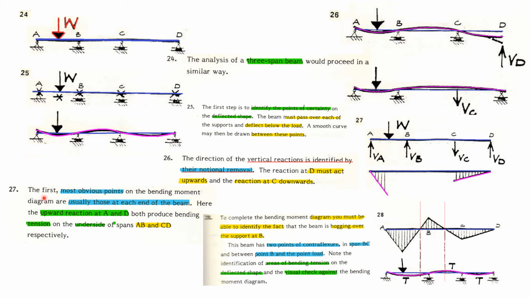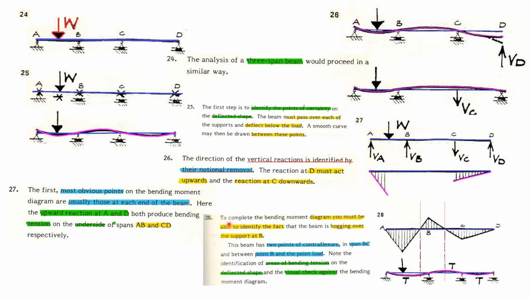The first most obvious points on the bending moment diagram are usually those at each end of the beam. So at each end, this will deflect up, so there is tension on the underside. This will deflect up, tension on the underside. Here the upward reactions at A and D both produce bending tension on the underside of the spans AB and CD respectively.